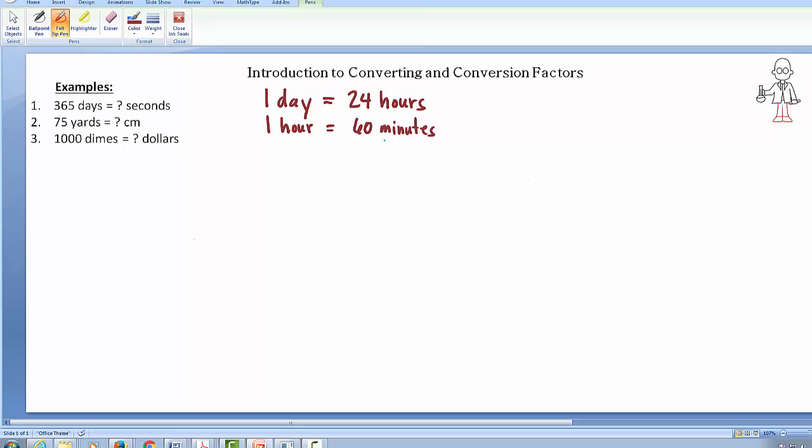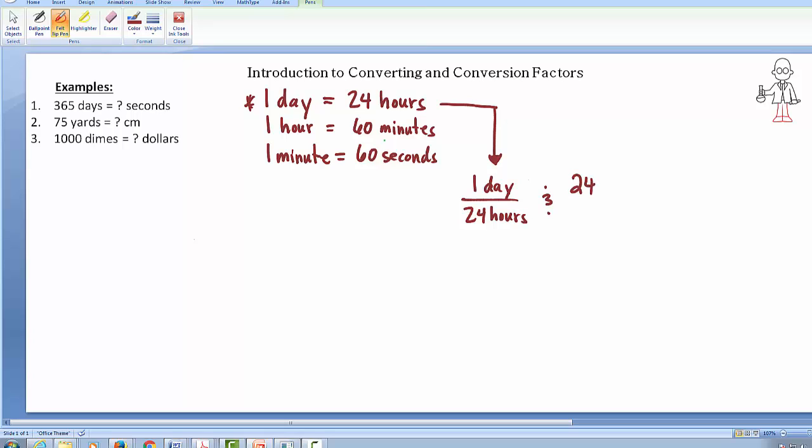And the third one we need is in 1 minute is equal to 60 seconds. Now, I want to expand on this a bit. This way of writing this equation is considered a conversion factor. You can also write this conversion factor as 1 day over 24 hours. And we can write 24 hours over 1 day.